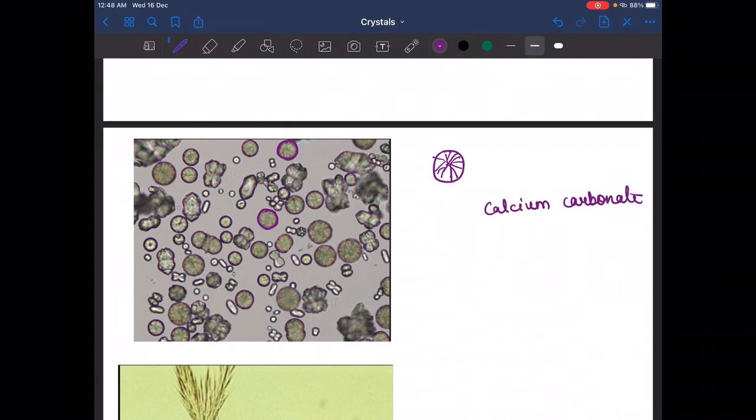If in any question they ask about the composition and which type of crystal it is, then we can say it's circular, so it's calcium carbonate.